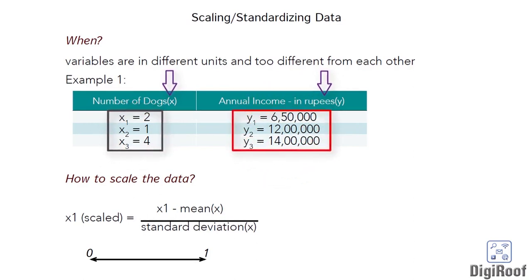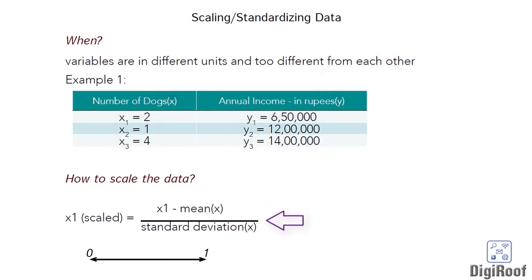The response to the first variable, that is the number of dogs one owns, would most likely be a number between 0 to 5. On the other hand, the second variable, annual income, would be a relatively large number. It is therefore best to scale or standardize the data in such cases.